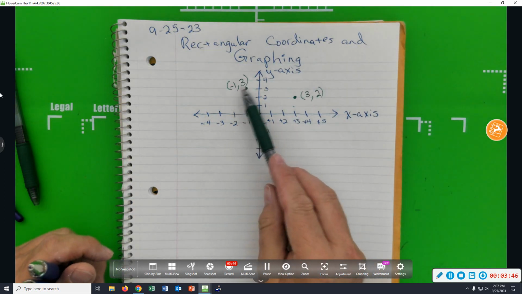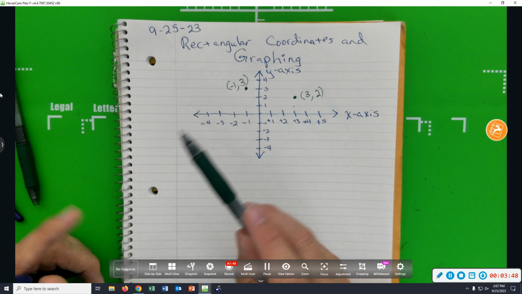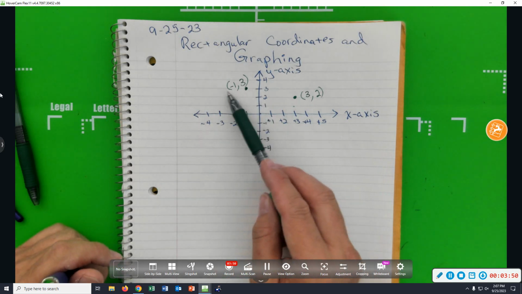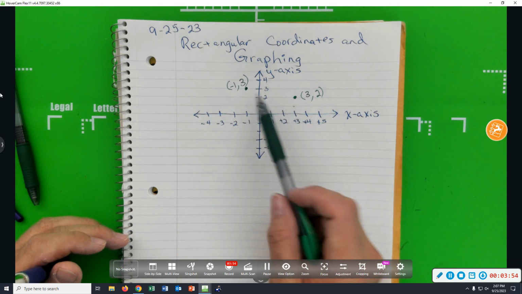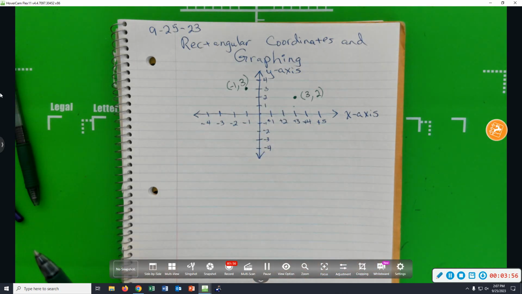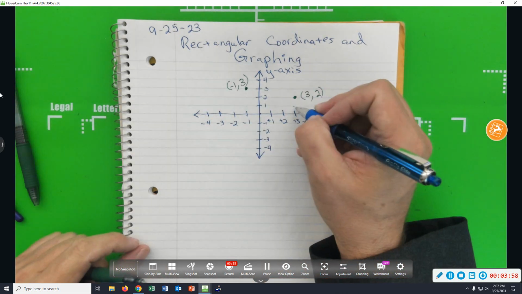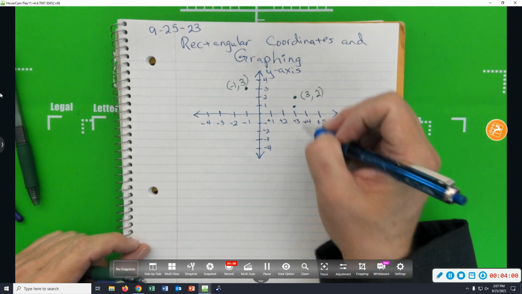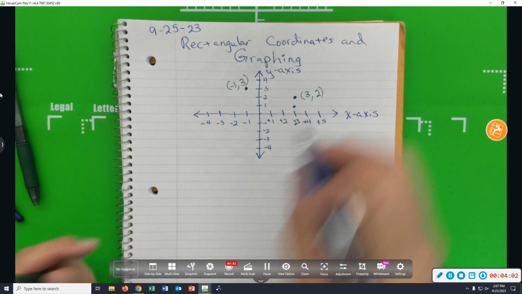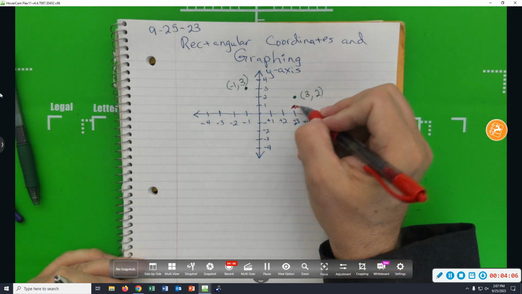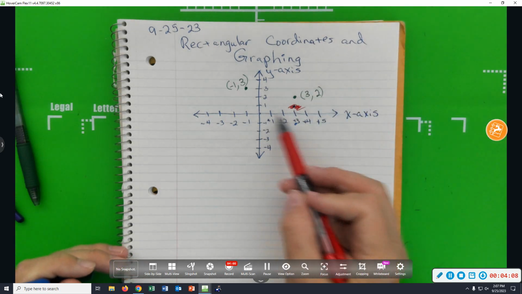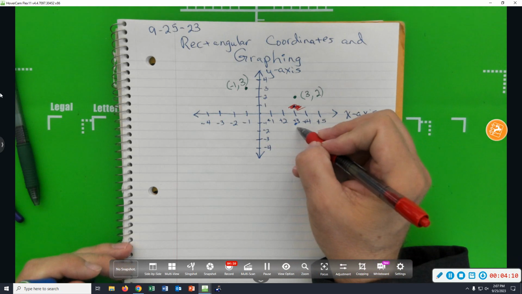Realize negative 1, 3 is not the same thing as 3, negative 1. The order in which you write those numbers matters. 3, negative 1 would be right there. No, not right there. Right there. Goodness, what am I doing? Right 3, down 1.